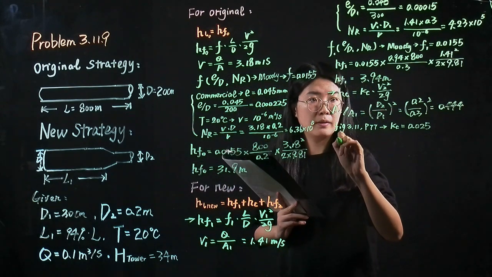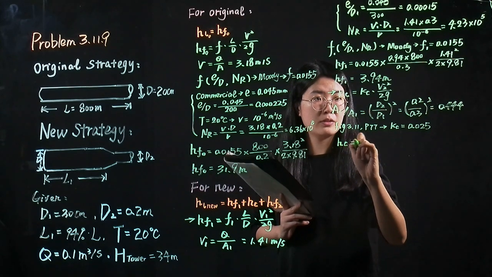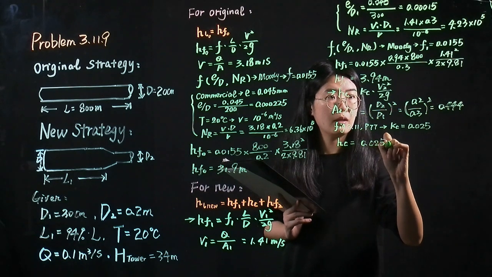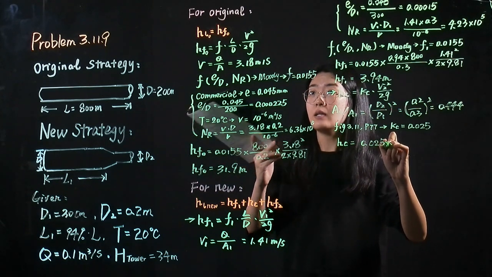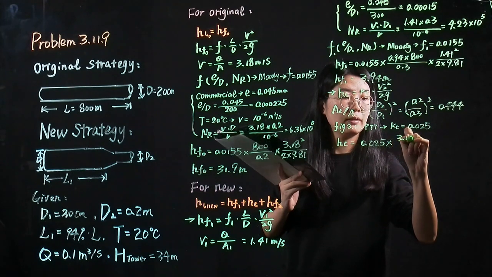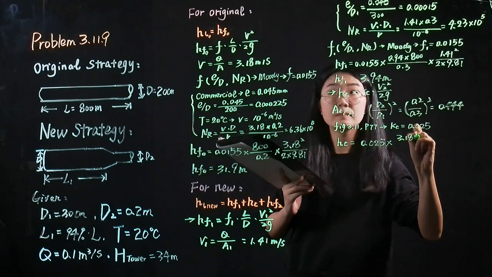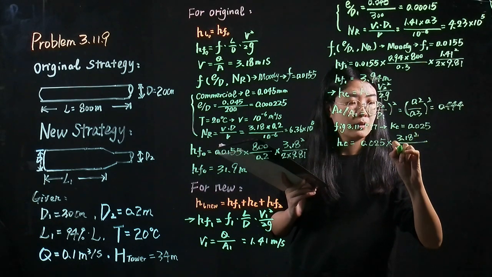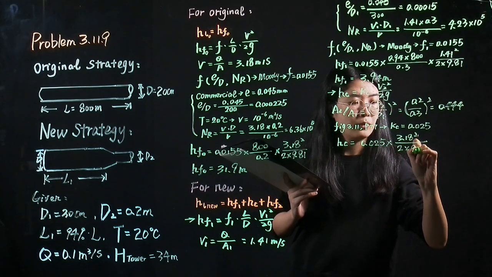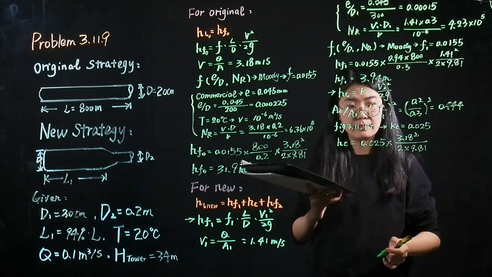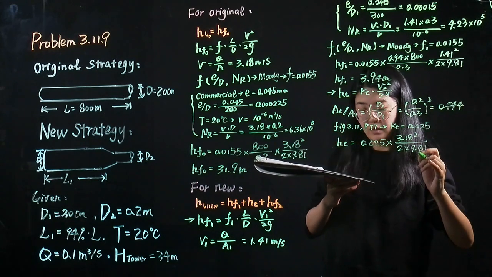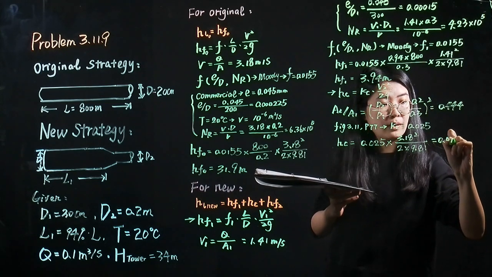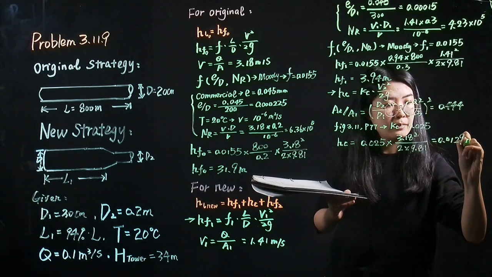So HC is equal to 0.025 times the velocity 3.18 squared over 2 times 9.81. It is equal to 0.0129 meter.